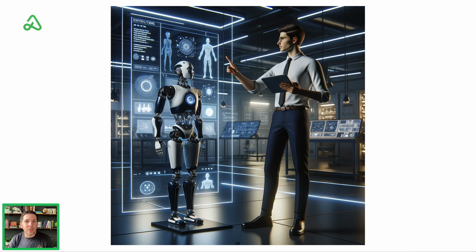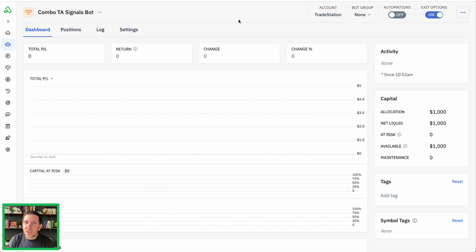Okay. So what we're going to do is we're going to actually go in here and we're going to build a bot that is going to check some of these technical indicators for us. So here I've created just a bot shell. This is just a bot that I've named Combo Technical Analysis Signals Bot. I've connected it to my main TradeStation account.